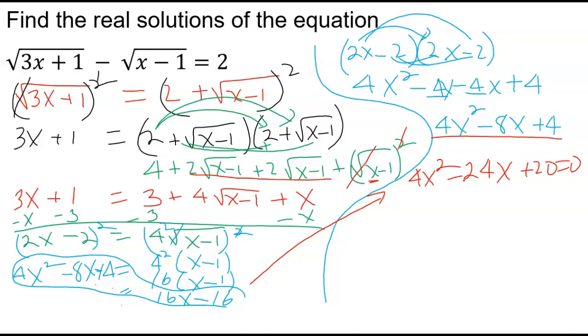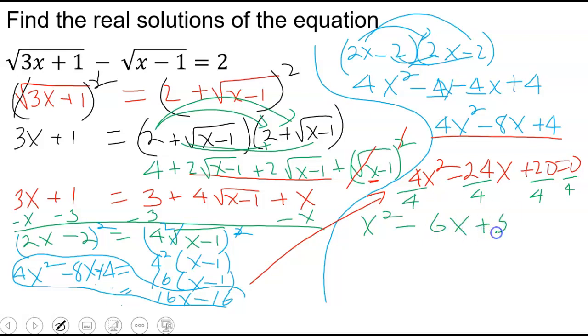So 24 divided by 4 is, so we can divide everything by 4. So that gives us x squared minus 6x plus 5 equals 0.